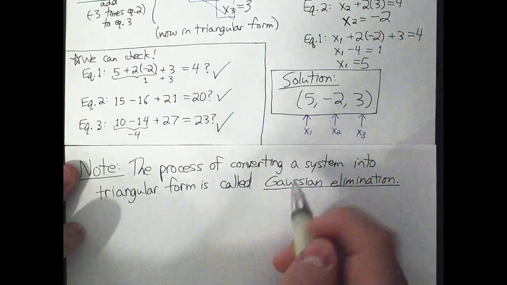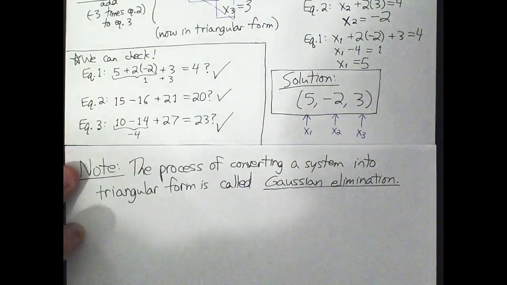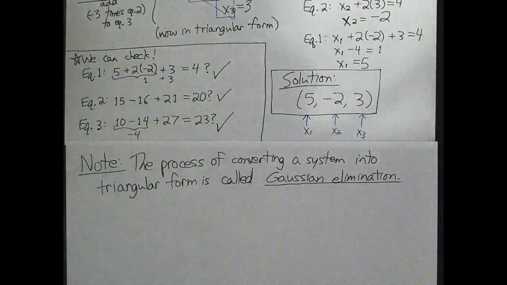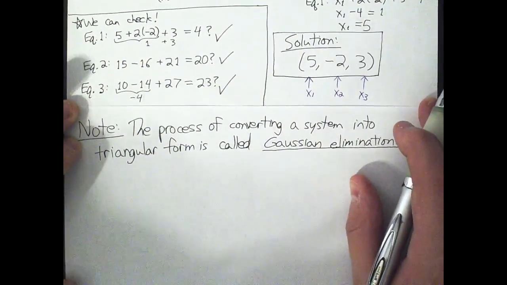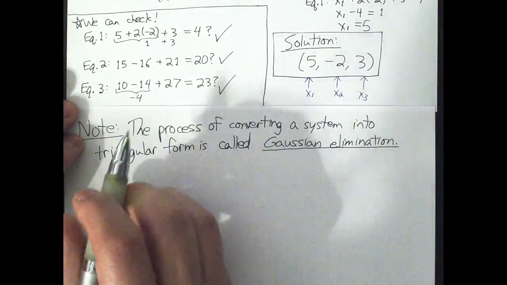And it's called Gaussian because it's named after Gauss, even though it was kind of discovered by several people. So we'll be using that phrase a lot. Gaussian elimination, just a powerful process or strategy using a combination of steps in algebra to convert a system to triangular form.